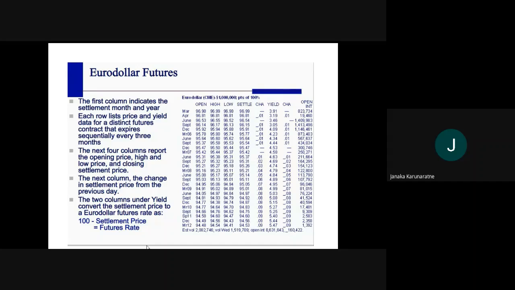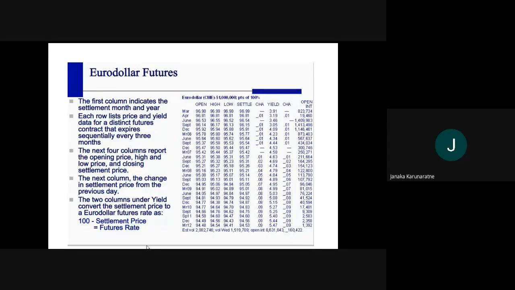Then the yield. The yield is the difference between 100 and the settlement price.